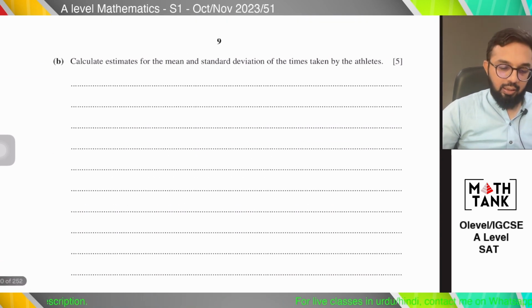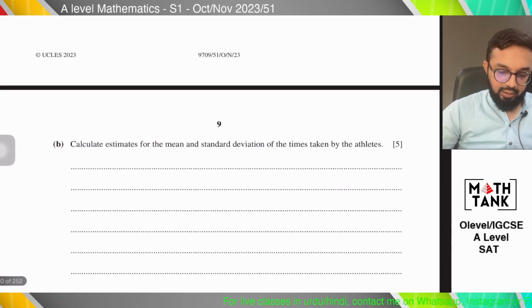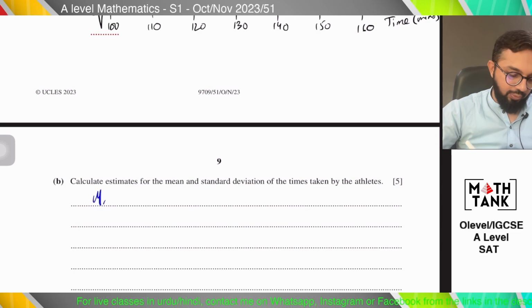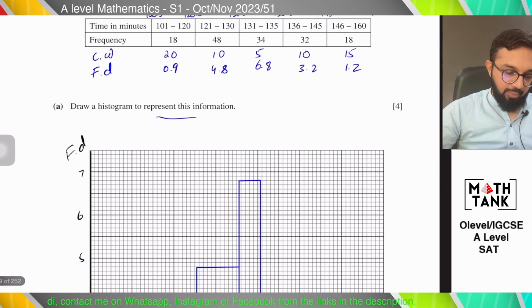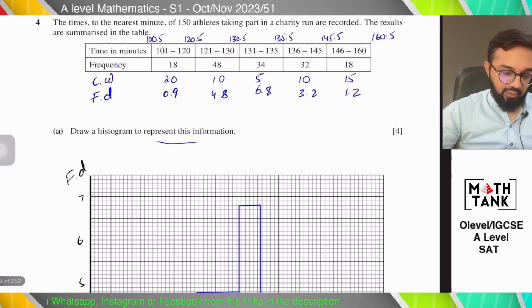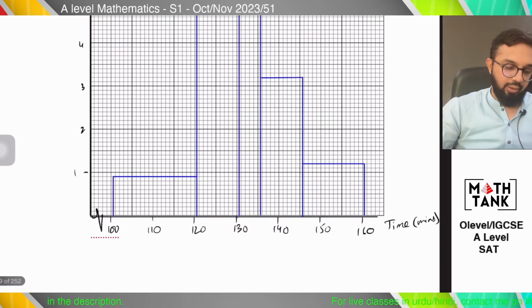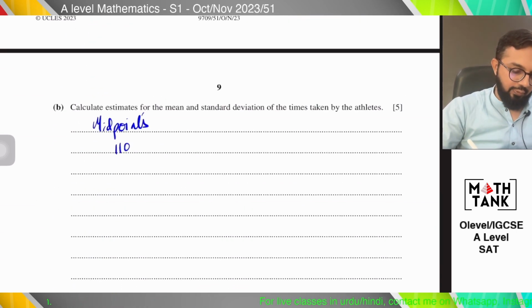Now the mean and standard deviation of the times the athletes take. I'm going to have to calculate the midpoints. The midpoint of 100.5 and 120.5 is 101 plus 120 divided by 2, which gives 110.5 for the first one.